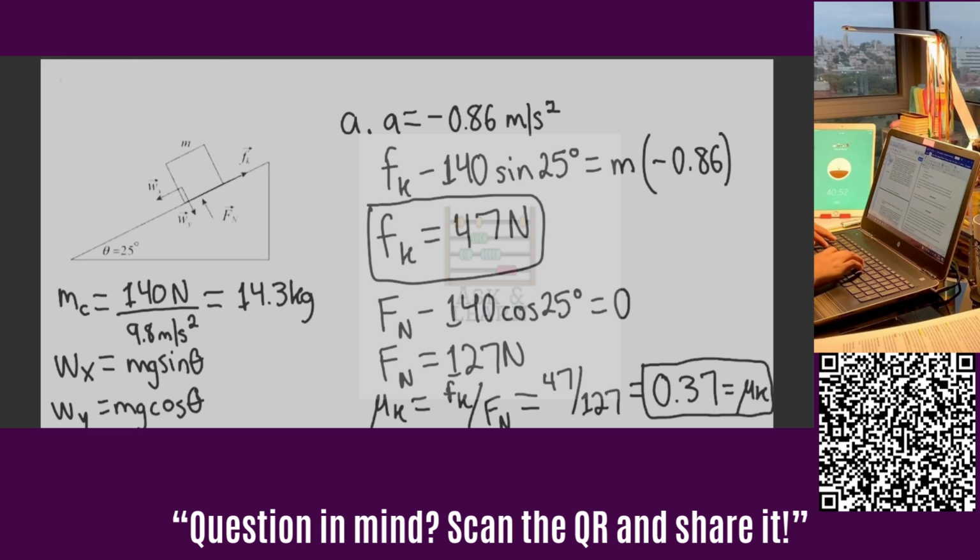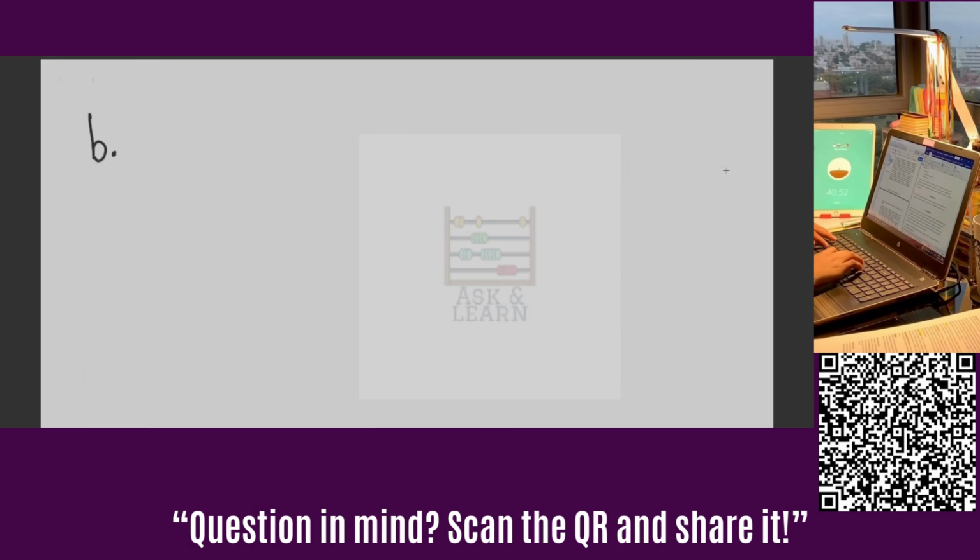Now, we're going to return to our first equation in part A, and we see that if the downhill component of the weight force was insufficient to overcome the static friction, this means that the child would not slide at all.